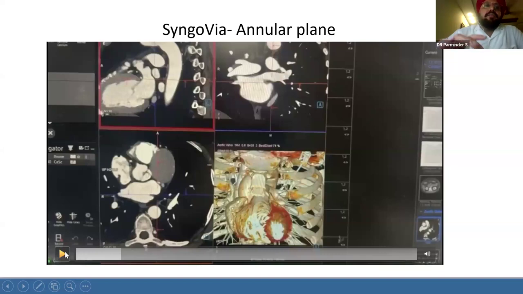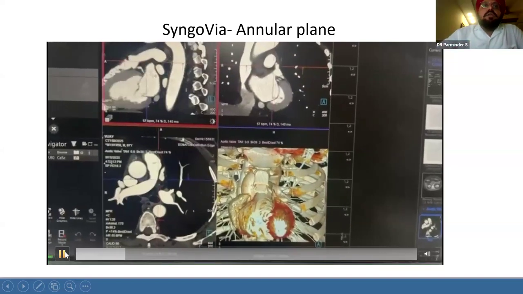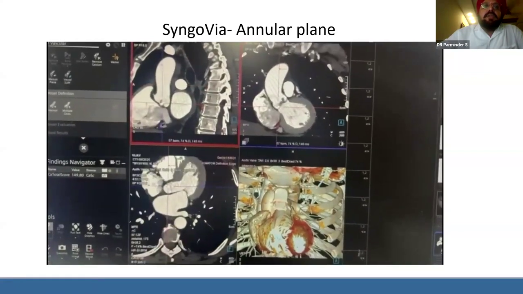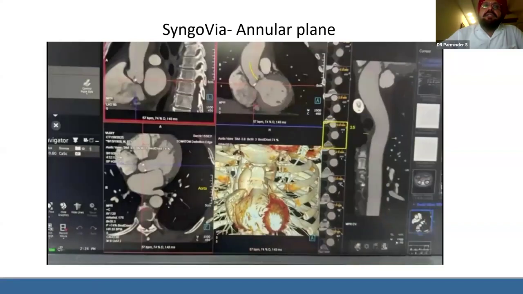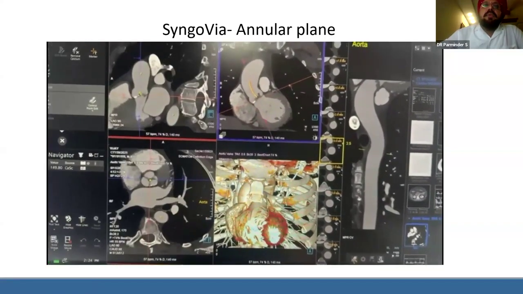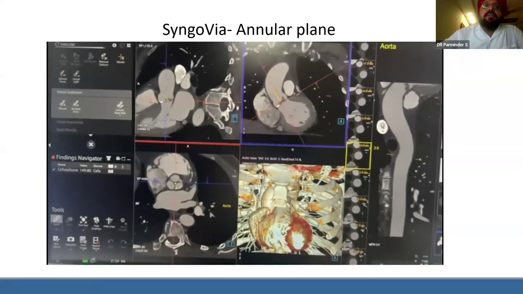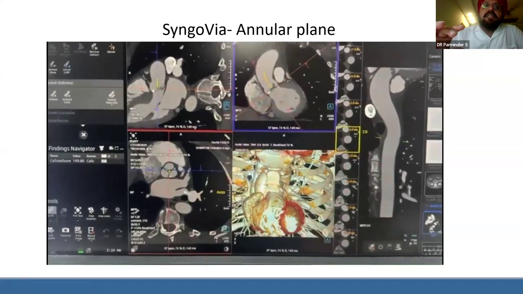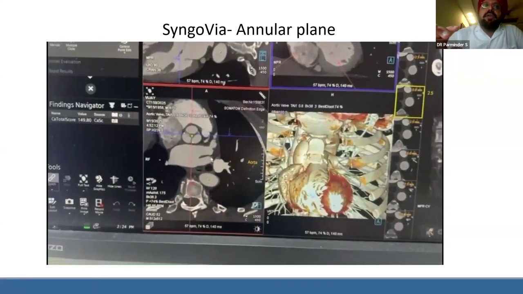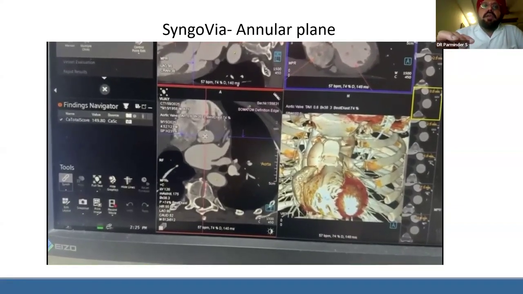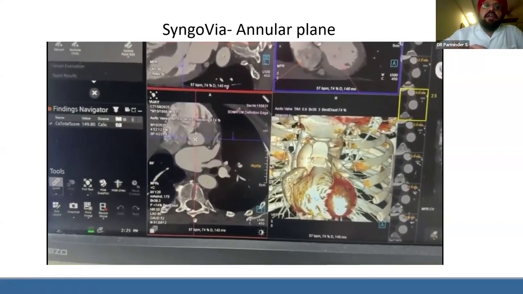We center these crosshairs on the aortic valve, along the long axis of the aorta, as well as in the short axis in the center of these cusps. This is a tricuspid aortic valve. The crosshairs should be in the center. Then we locate the coronary cusps.